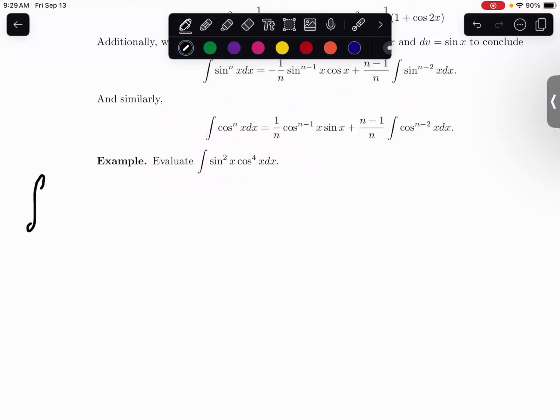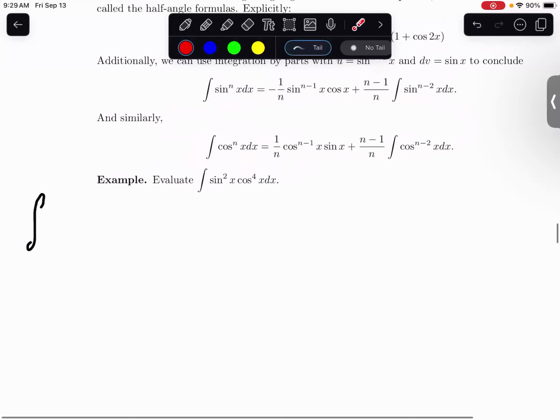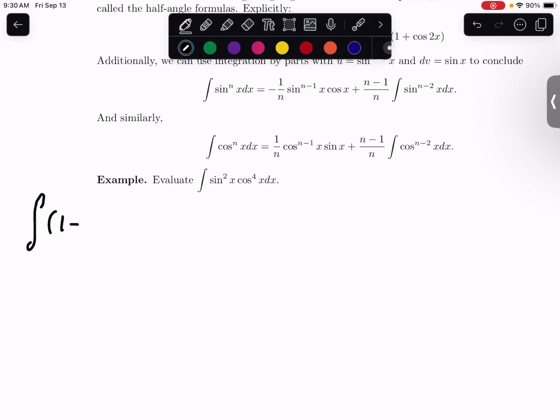And so to begin, I'm going to write everything in terms of a power of cosine, right? Cosine's the higher power here. So I'm going to take sine squared of x and rewrite it as 1 minus cosine squared of x. And this is being multiplied to cosine to the 4th power of x dx.